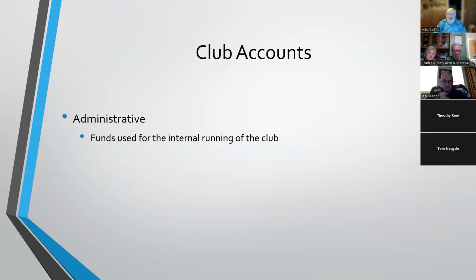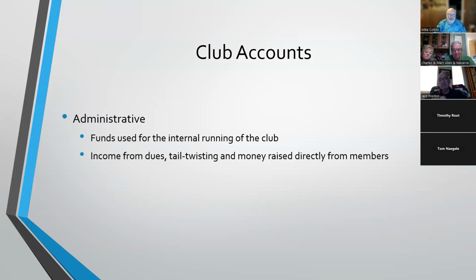Administrative funds are funds used for running the club. If you have a PO box, we have a cell phone, you've got to pay dues to International and the district. Those kinds of funds. All income in the administrative account comes from your club members.